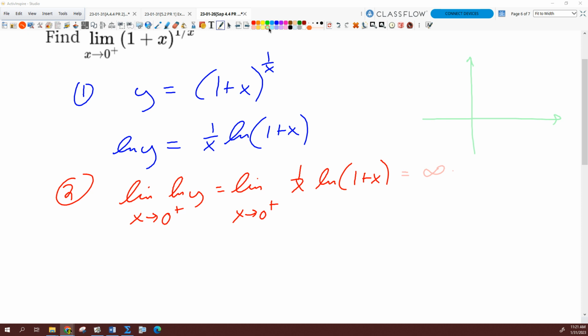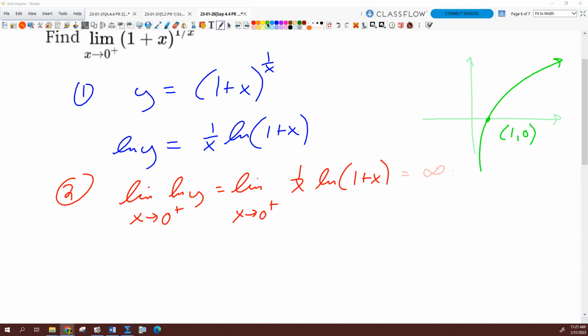Always just think in terms of that graph, right? What are the coordinates of that point on the graph? 1, 0. So what's the limit of the log of 1 point something?